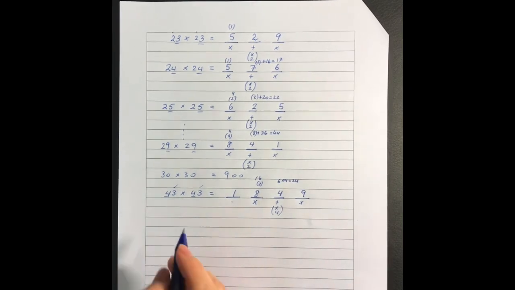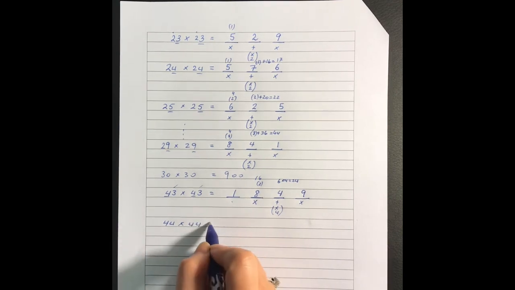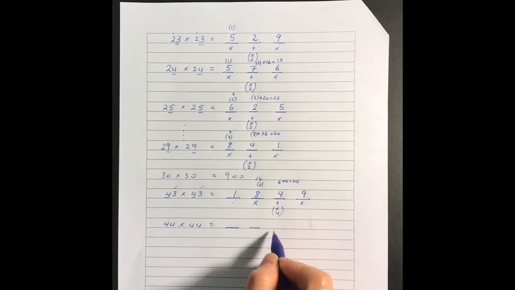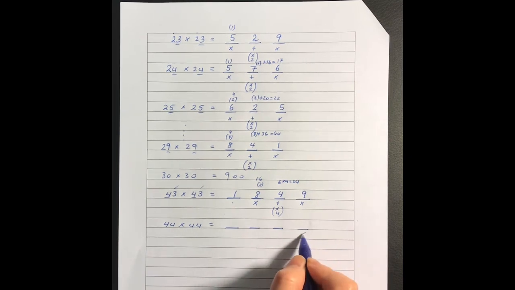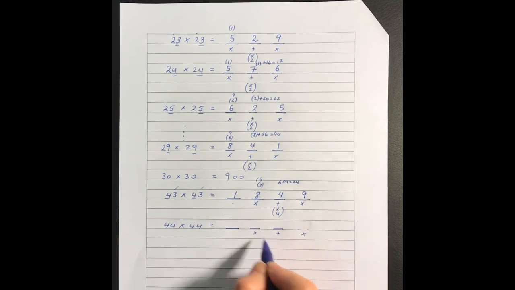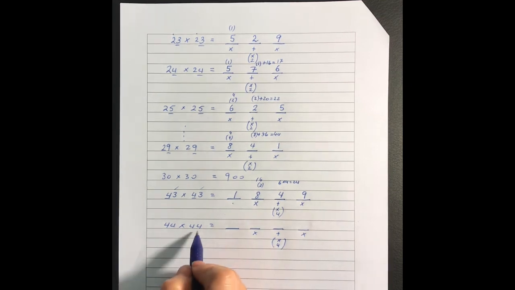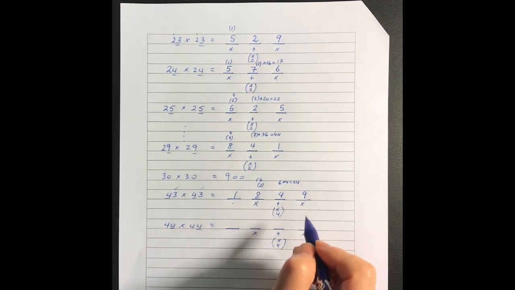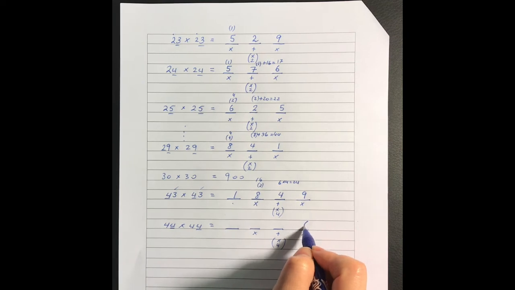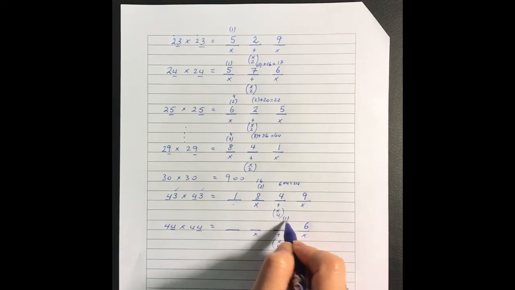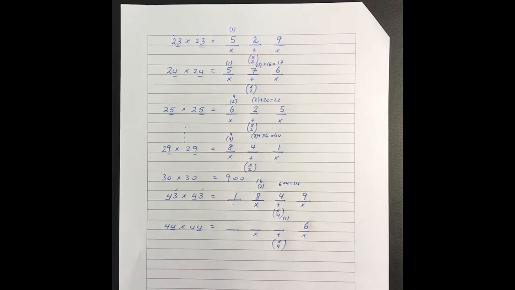Next one. All right, so 44 times 44. Let's see. Now we know we need 4 spaces. Times plus times. And let's not forget to times by 4. Okay, so I'm looking at the ones place. 4 times 4 is 16. 6 down, 1 up. And 4 plus 4 is 8.